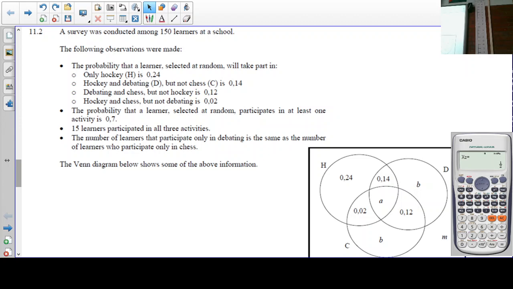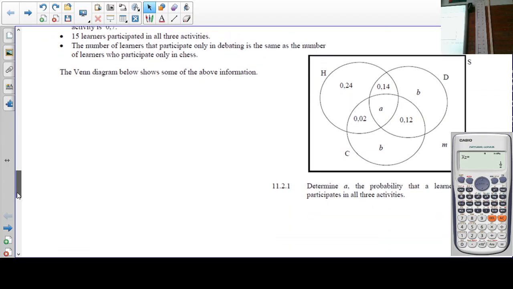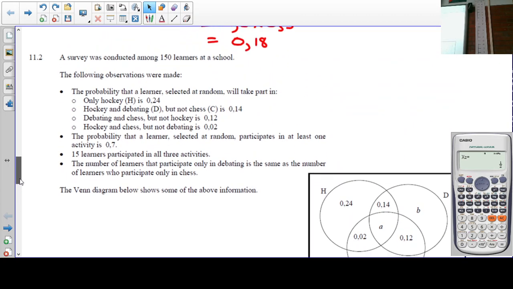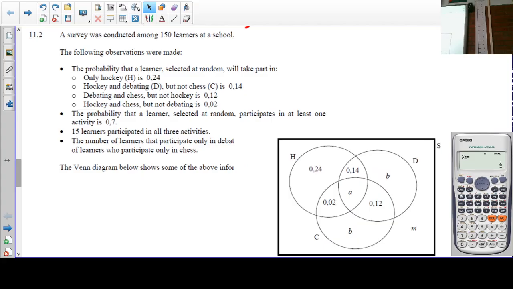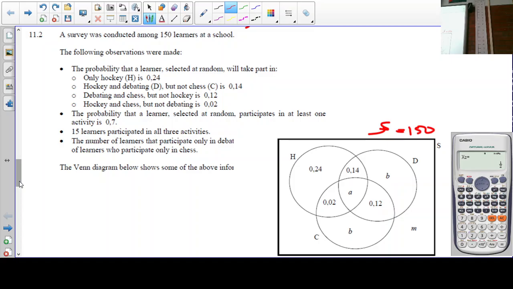So we are told that a survey was conducted among 150 learners at a school. Okay? So there is 150 learners. What does S stand for? Sample space.